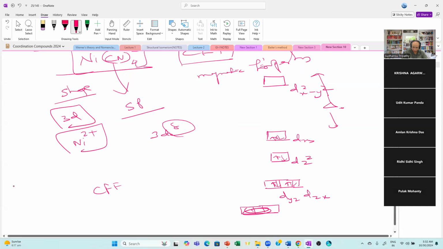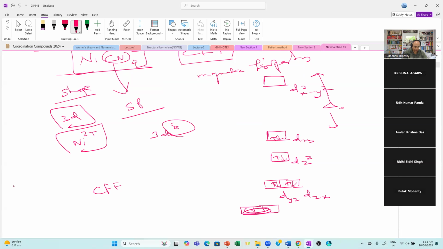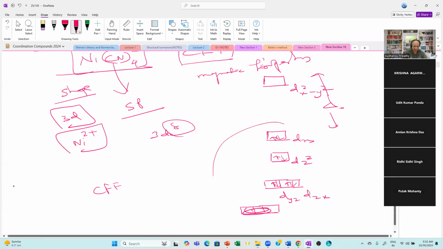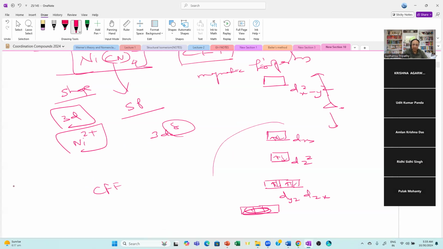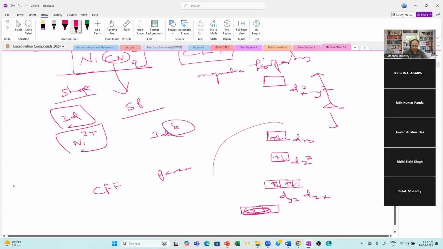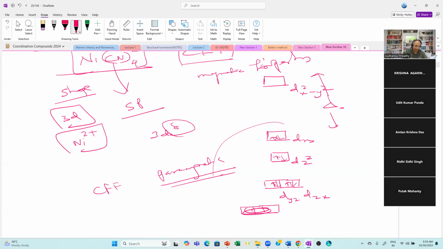So 2 plus 2, 4, 4, 8. Because this gap is very large, greater than pairing energy, and these are smaller than pairing energy. So all of them 1, 1, 1, 1, then 2, 2, 2, 2. Then we are not left with anything. So it is paramagnetic. Yes, diamagnetic. Sorry, I'm so sorry. It is diamagnetic. Unpaired electrons is 0.